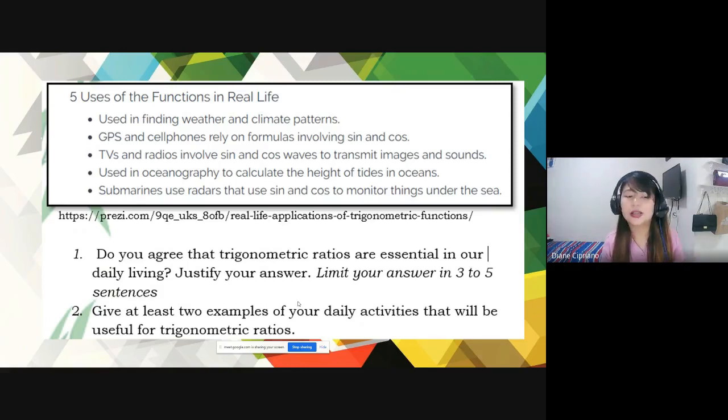And my other question is, give at least 2 examples of your daily activities where trigonometric ratios are useful. Give me your answer in the comment section. You can also send PMs to answer this and give some feedback on our video lessons.